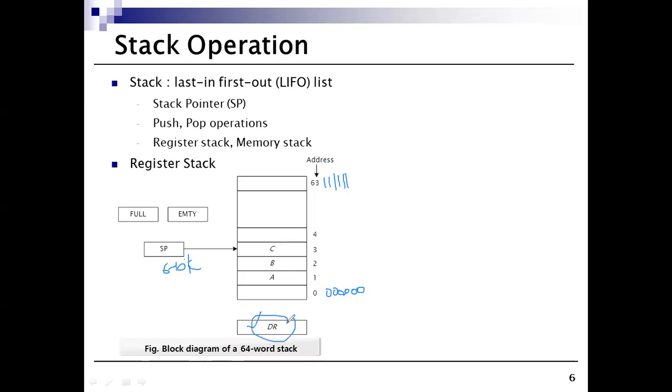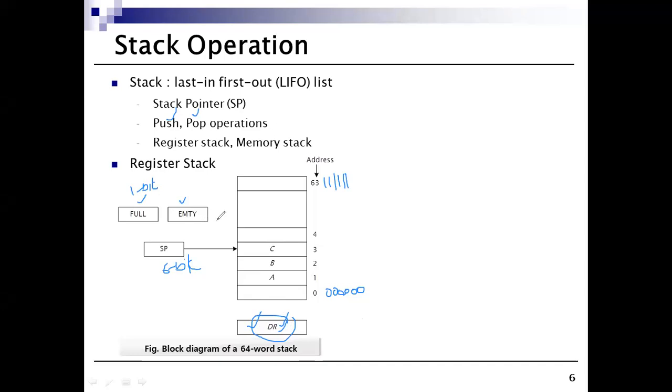As I mentioned, during a push operation, your stack will be loaded with data, and that data to be loaded is held by DR. During a pop operation, one element will be deleted from the stack, and the deleted element will be copied into the data register. So this data register will hold the binary data to be written into or read out from the stack.